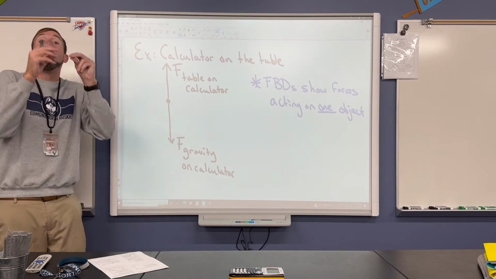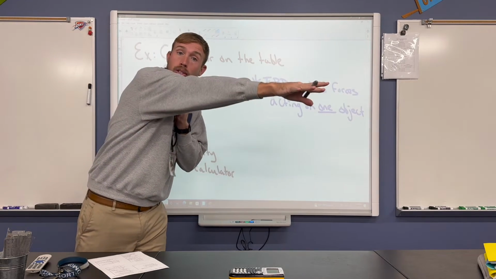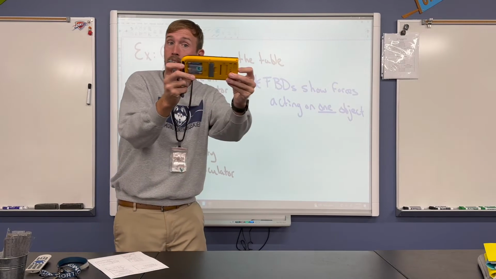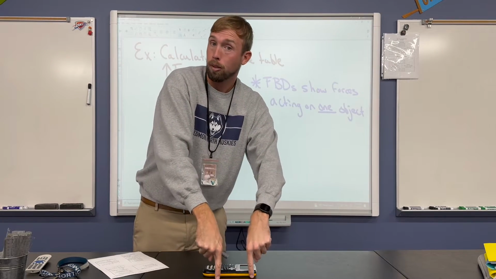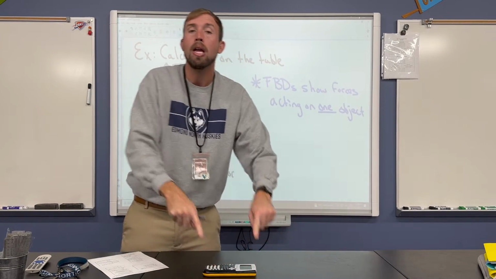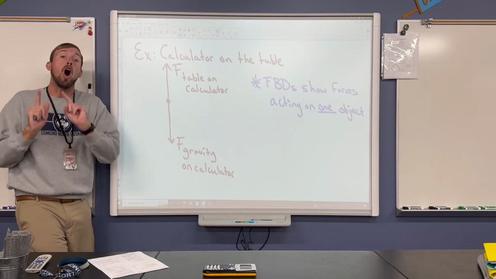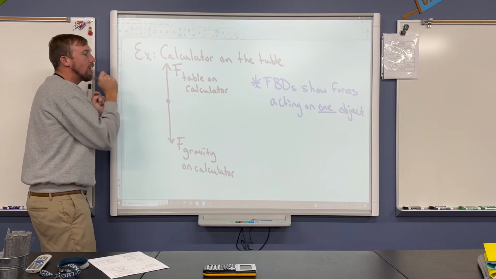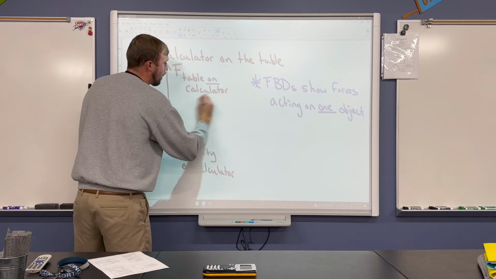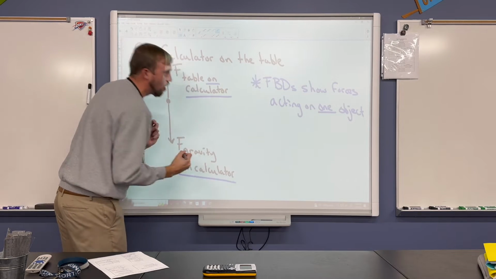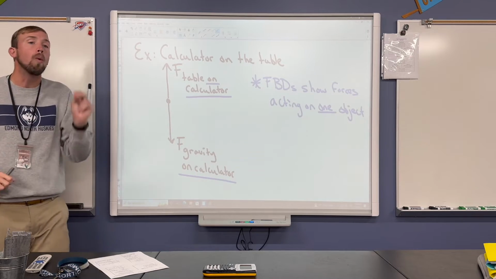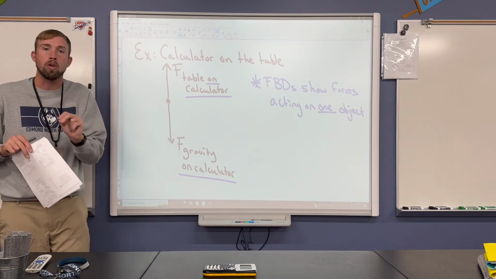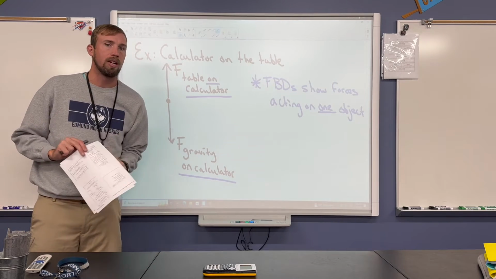They don't show what that object does to something else, right? Because you could also make the argument, and this would be true, that the calculator is also applying a force pushing down on the table. But that would be a force on the table. Here, these are forces on the calculator, right? Force of table on the calculator. Force of gravity on the calculator. Free body diagrams only show forces on one object. Any pushes or pulls on that one specific object.